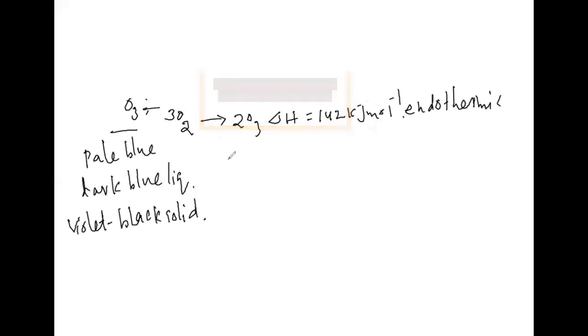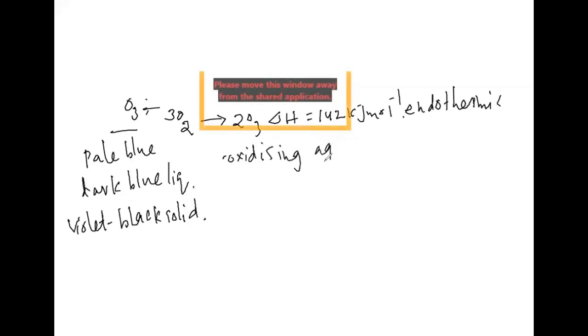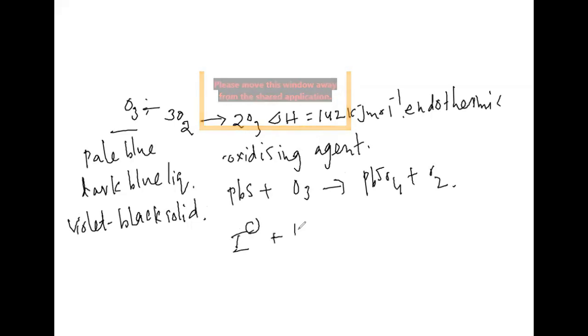The main use of this ozone is that it acts as a powerful oxidizing agent. For that I am going to take PbS. When it reacts with ozone, it gives PbSO4 plus O2. Even if you take I minus, when it reacts with H2O plus O3, it gives OH minus plus I2 plus O2.